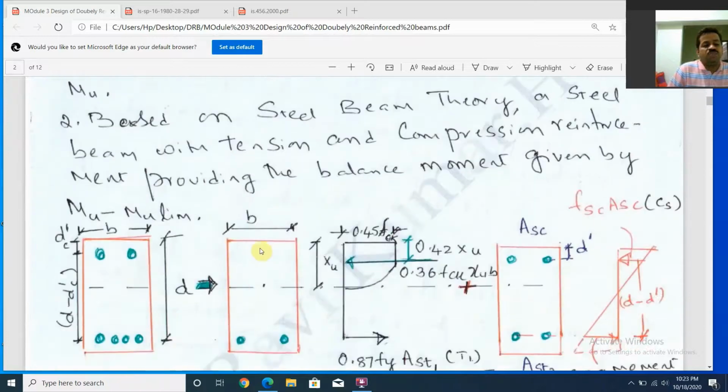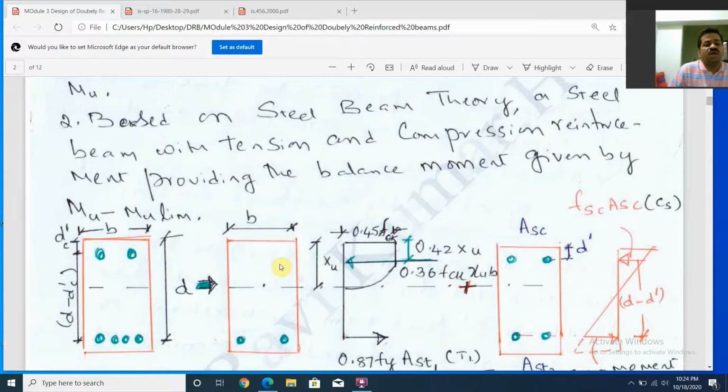That means this beam is subjected to Mu limit. The second part, based on steel beam theory, is a steel beam with tension and compression reinforcement provided for the balance moment given by Mu minus Mu limit. So you are seeing a pictorial representation of a doubly reinforced beam.